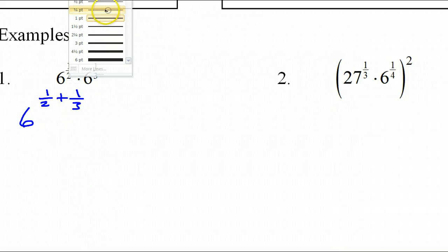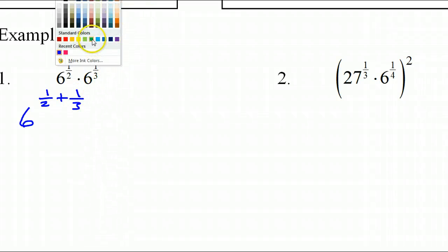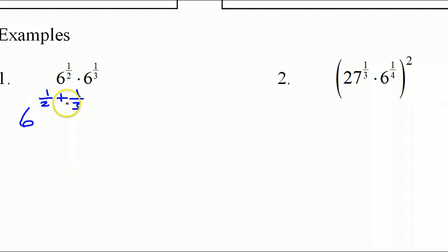This ink is too thick. That's better. Alright, so off to the side someplace, let's talk about this, since we will not have our TI-30 XS MultiView. If I want to add 1/2 plus 1/3, we need like denominators, so we could make these both into 6's.